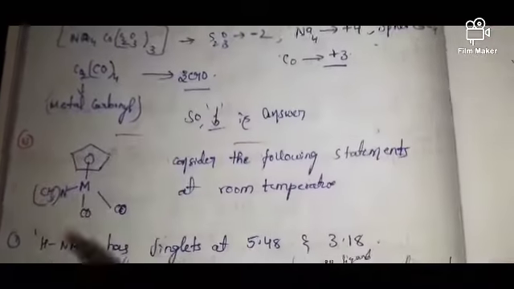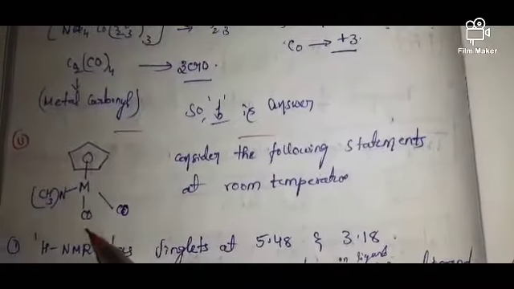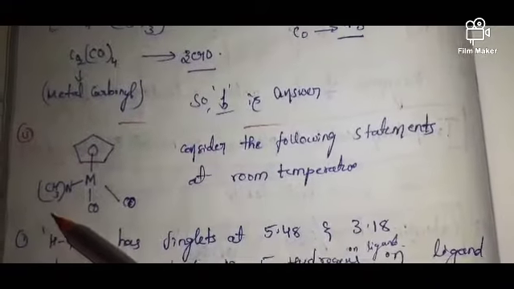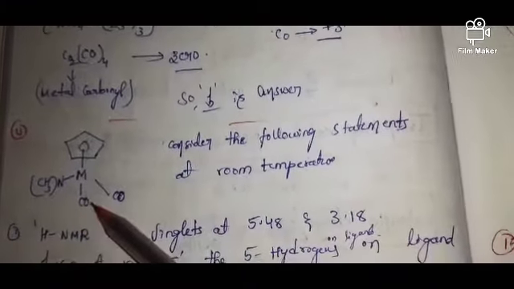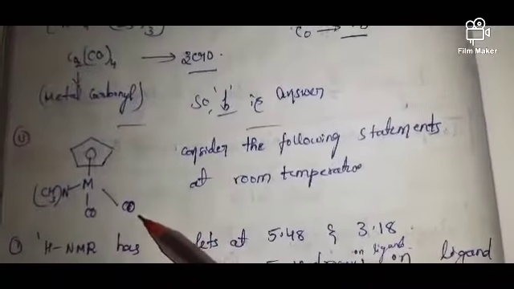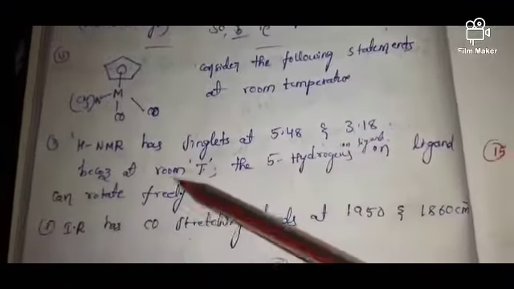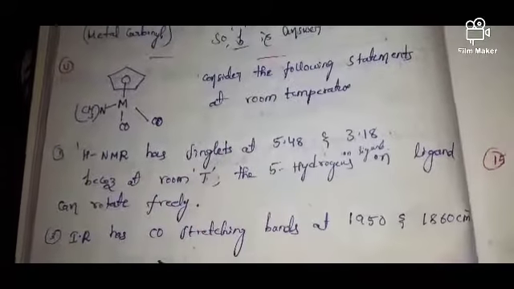Next, this is actually a theoretical question, friends. In previous year papers this question has been asked many times, so just try to look at this. Consider the following statements at room temperature. These are the two options which are correct.